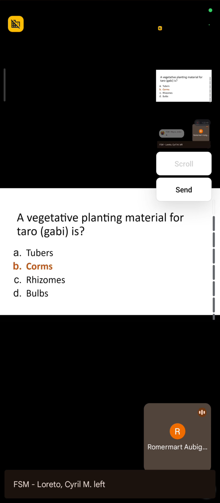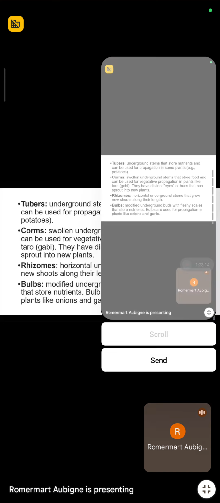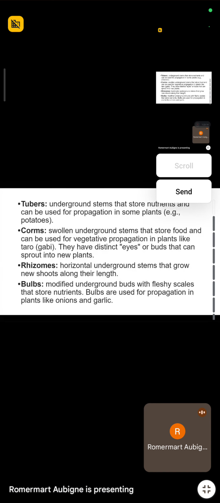corms. Ano ba yung tinatawag natin na tubers? Tubers are underground stems that store nutrients and can be used for propagation in some plants. Sample po dito yung potato. Corms naman, ito yung swollen underground stems that store nutrients and can be used for vegetative propagation in plants like taro. They have distinct eyes or buds that can sprout into new plants.